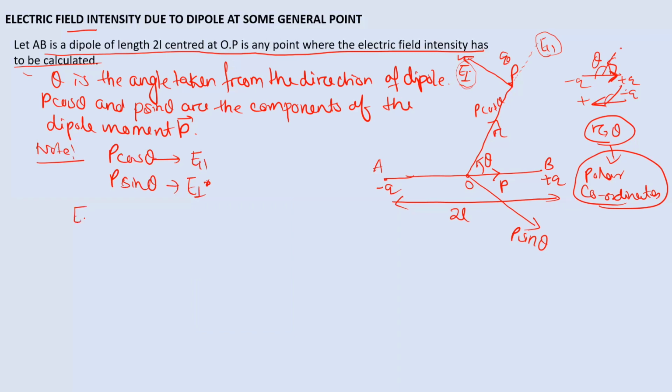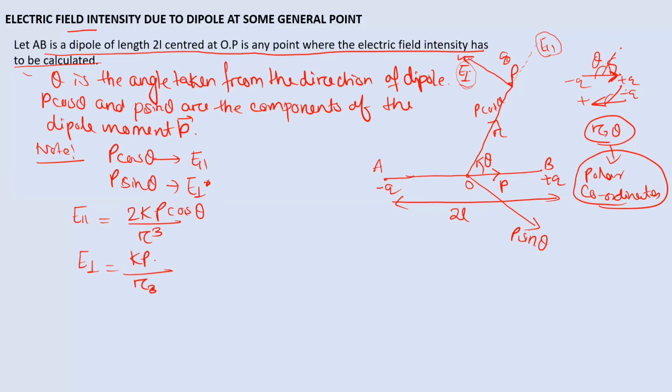Now what we know, the formula for E parallel was 2kp by r cube. This is what we are having. But this P will be what? This P will be P cos theta. All right. And what we know, E perpendicular was kp by r cube.